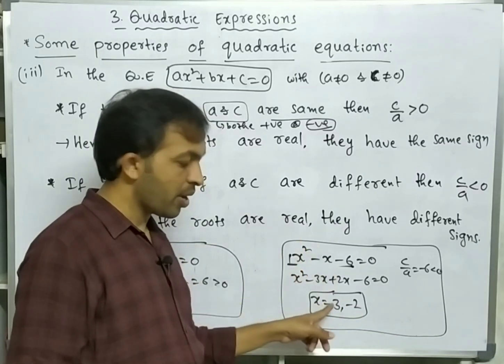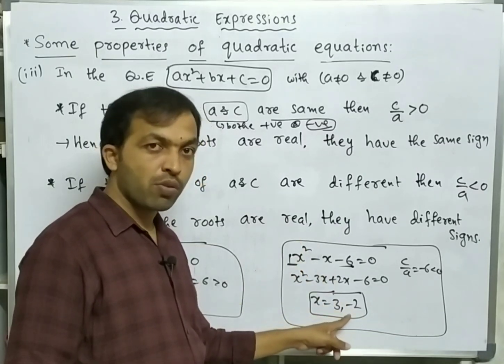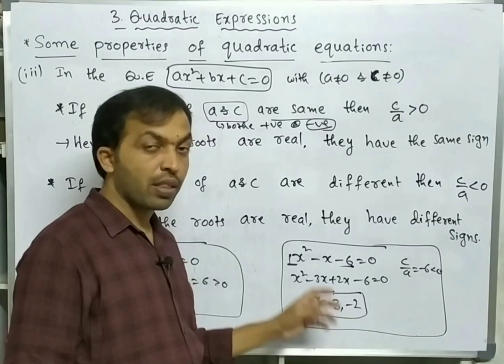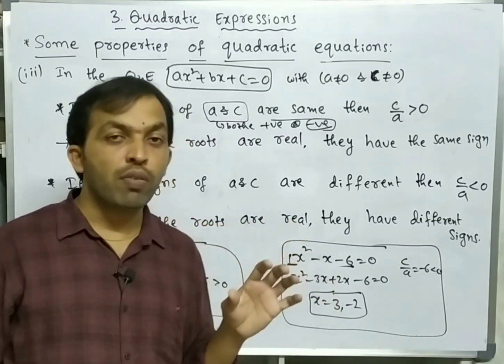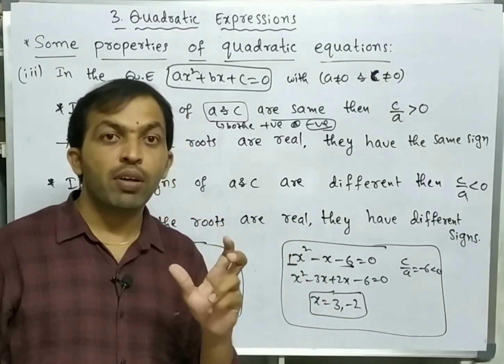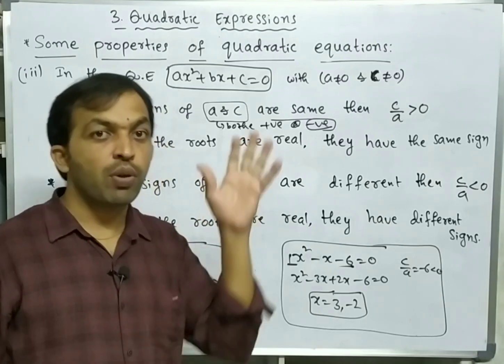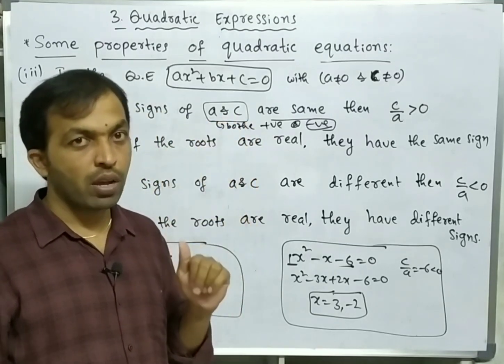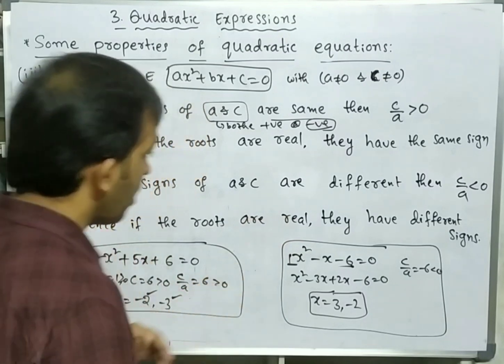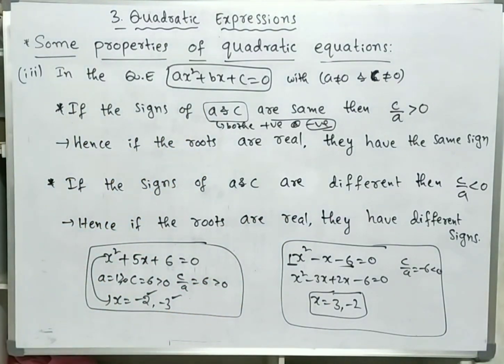After solving we got 3 and minus 2, so they are different in sign. So like this, without solving we can say the behavior of the roots if you remember these points. Okay, so like that, identify and understand each and every property with examples.